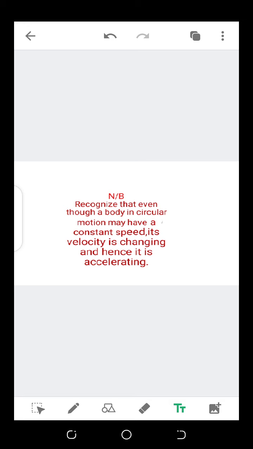If you divide by time, you'll get zero, so acceleration is zero. That is according to the linear motion we tackled in Form 3. But in this case, the body is moving and there is a change in velocity. Somebody may ask how velocity is changing, when we agreed the speed is constant. Remember, speed is a scalar quantity, and velocity is a vector quantity.